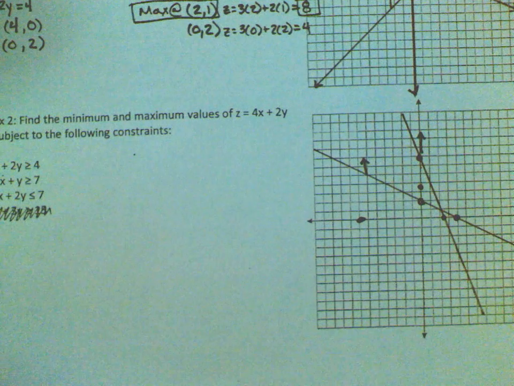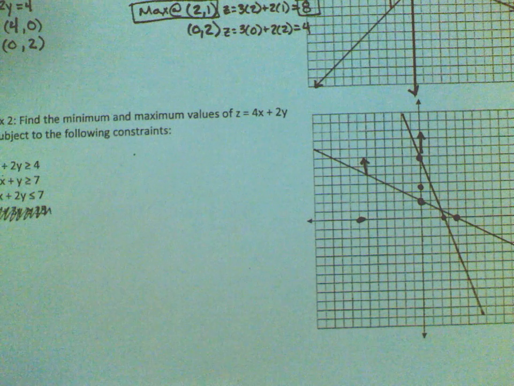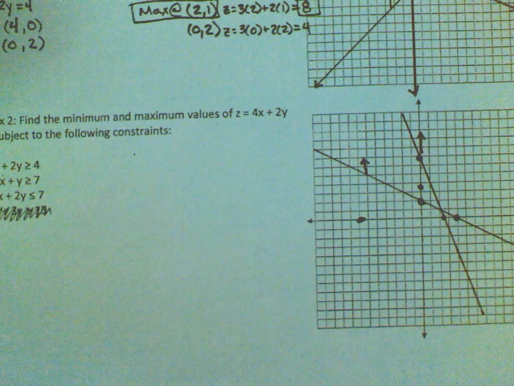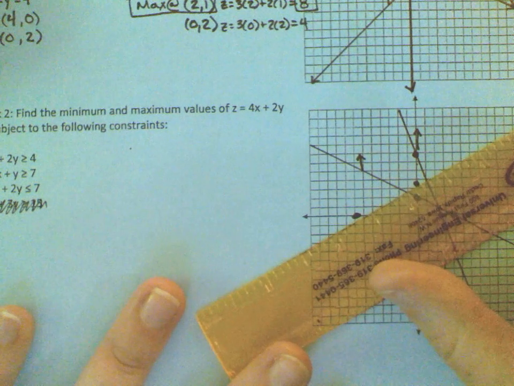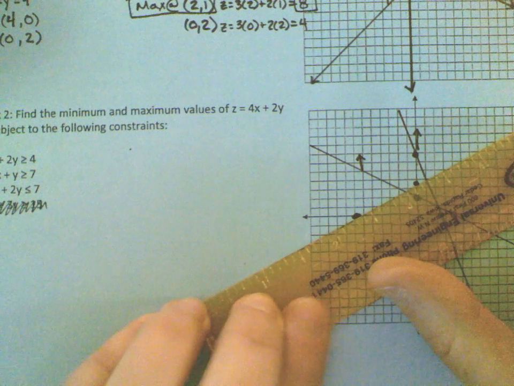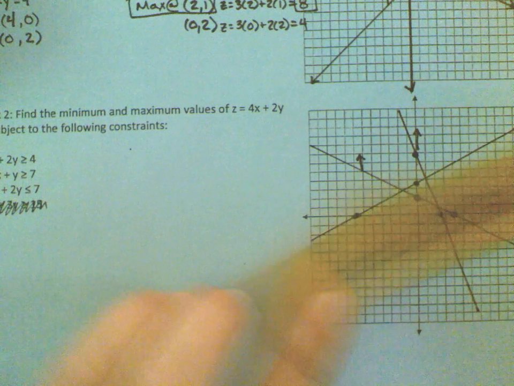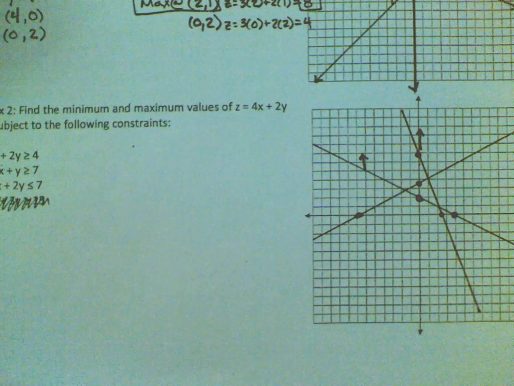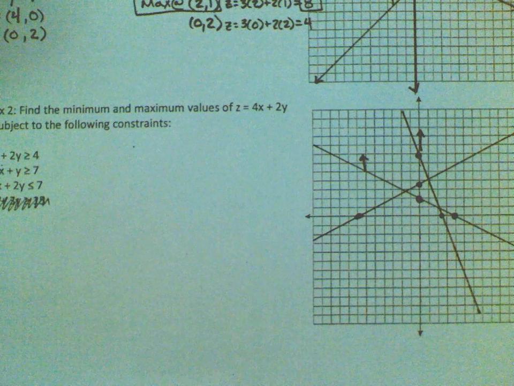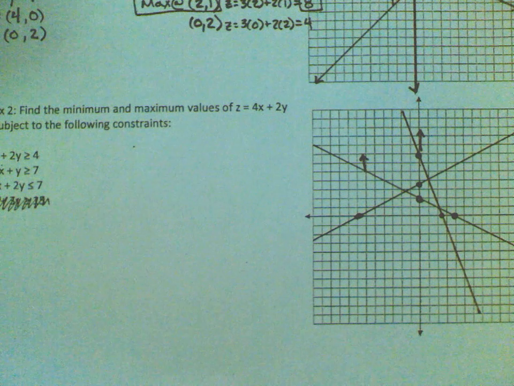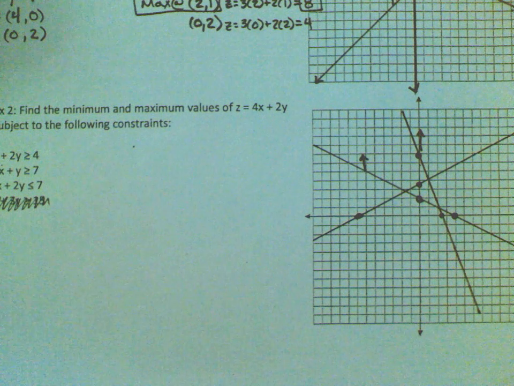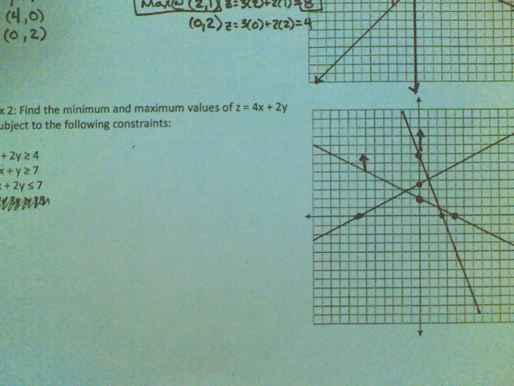Cool. Draw my line. Now remember, if you would prefer to write those in slope-intercept form, y equals mx plus b, I'm totally okay with that. In terms of graphing, this is probably a little bit quicker to identify your intercepts, so it makes it a little less painful for some of us.